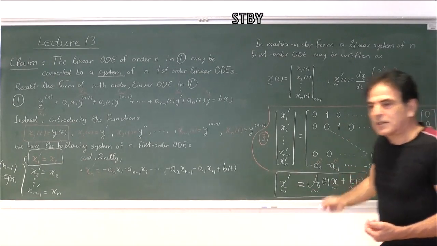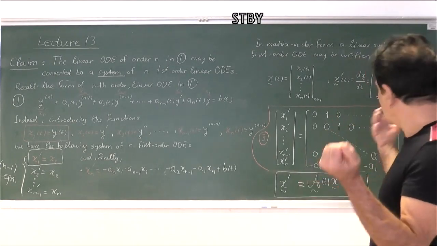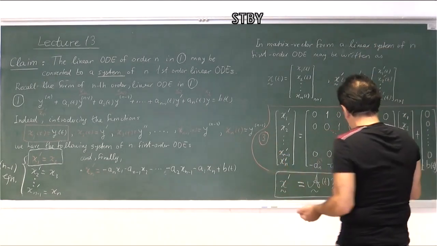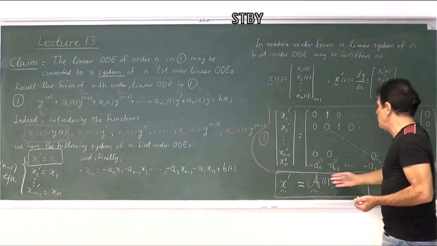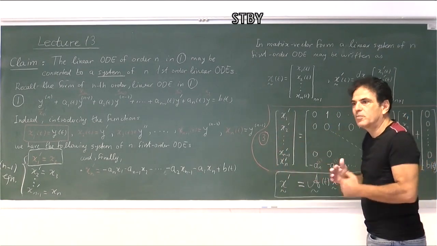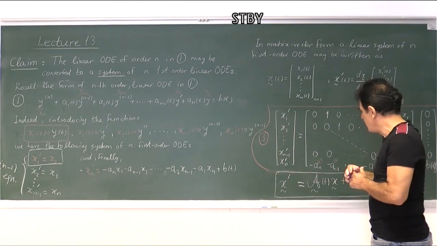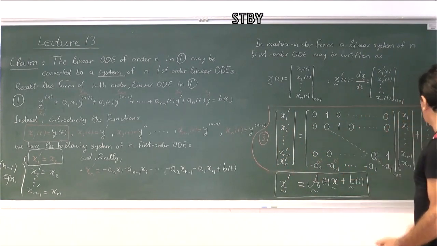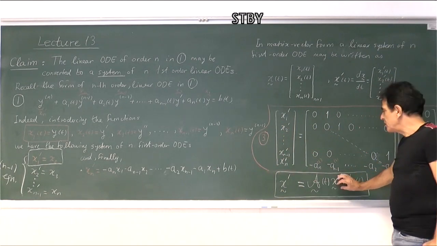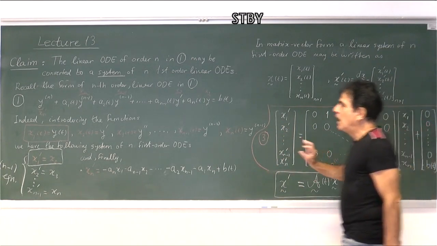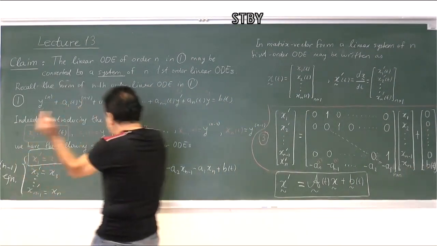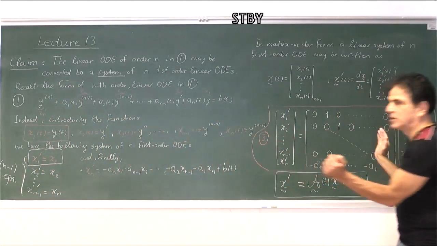So this is precisely the system of n first order non-homogeneous equations that we discussed previously. Now the theory established for such a system can be adopted to the first order linear ODE, keeping in mind this one-to-one correspondence.